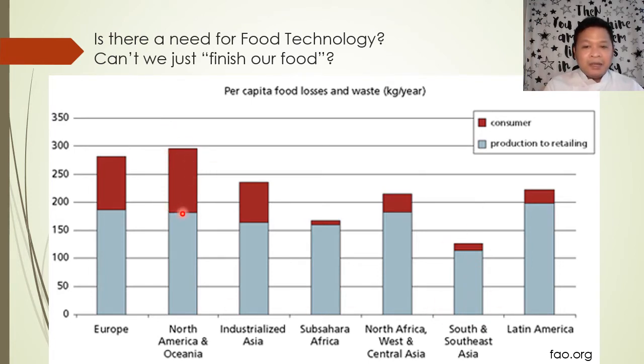And as you can see, the more first world and developed a country is, the larger the proportion of consumer waste becomes. Although there is a significant amount in all cases, more is lost between production and retailing. So that's what you see on the news, tomatoes thrown away by the roadside because they could not be sold, or rotted in the warehouse for some reason, blah blah blah.